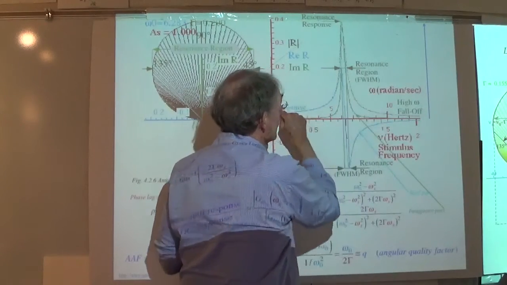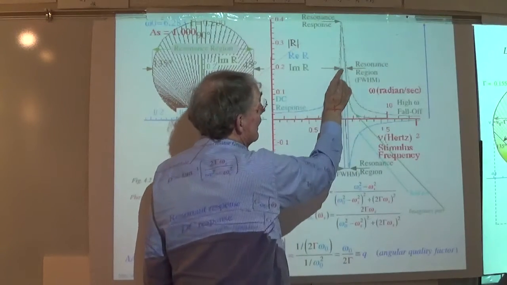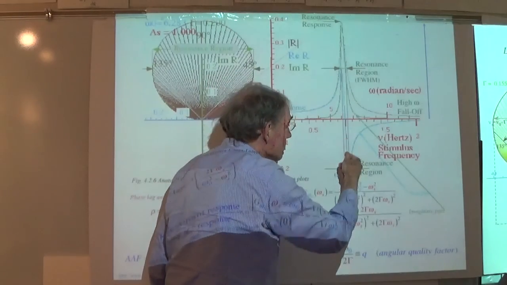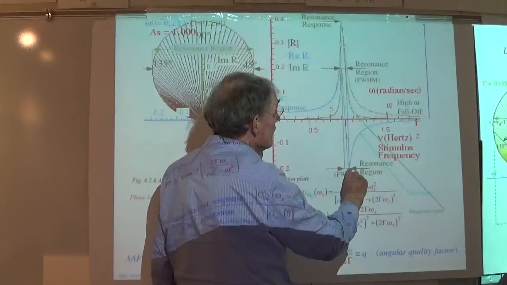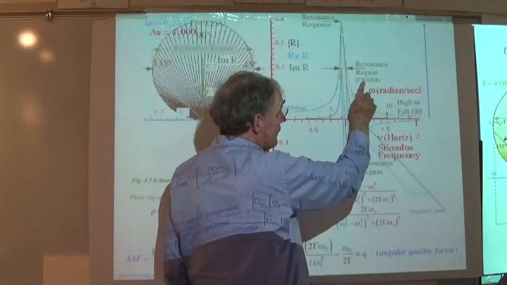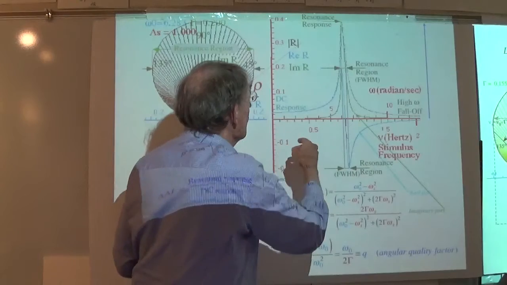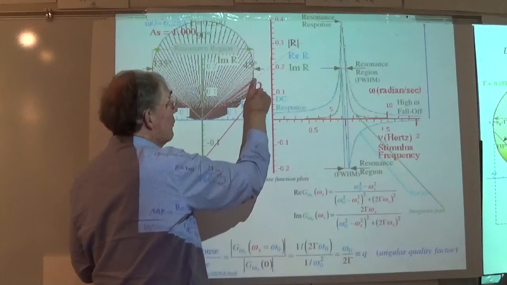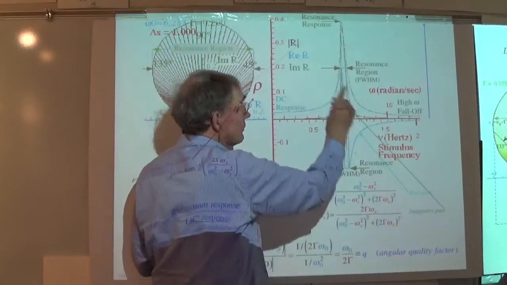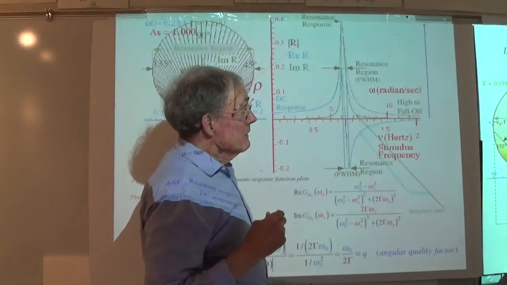That is, you go to half the height of your actual resonance, and that's where the real part of the response takes a turn and heads yonder down to here, turning around at the other side of the full width half maximum. So this is half maximum in this direction. We're located right about rho equal 45. It would actually be about there for this particular thing, as is shown more precisely in that picture over there.